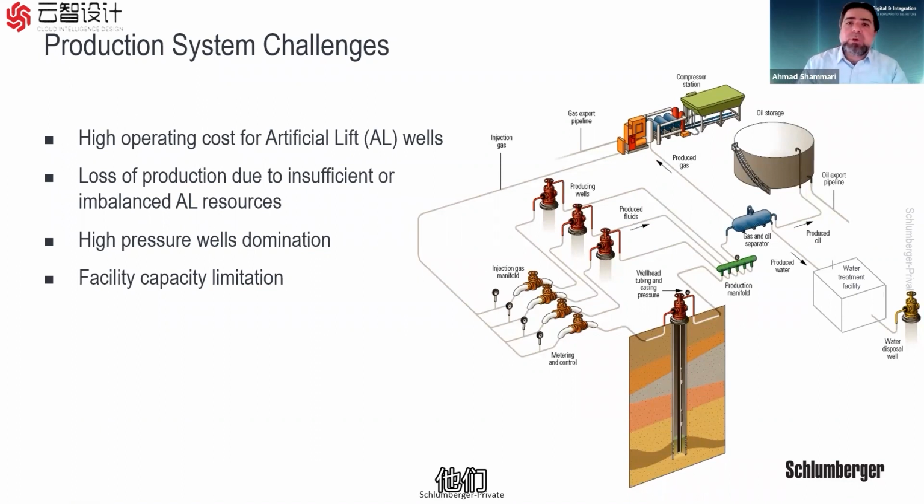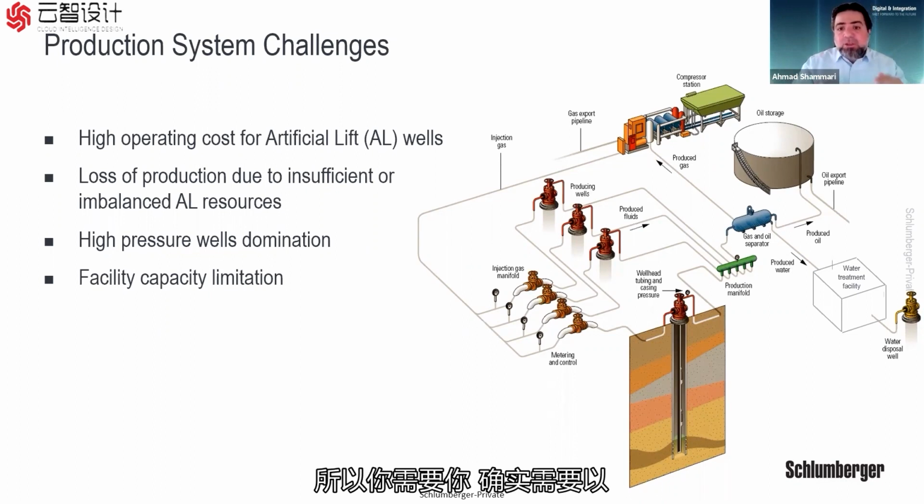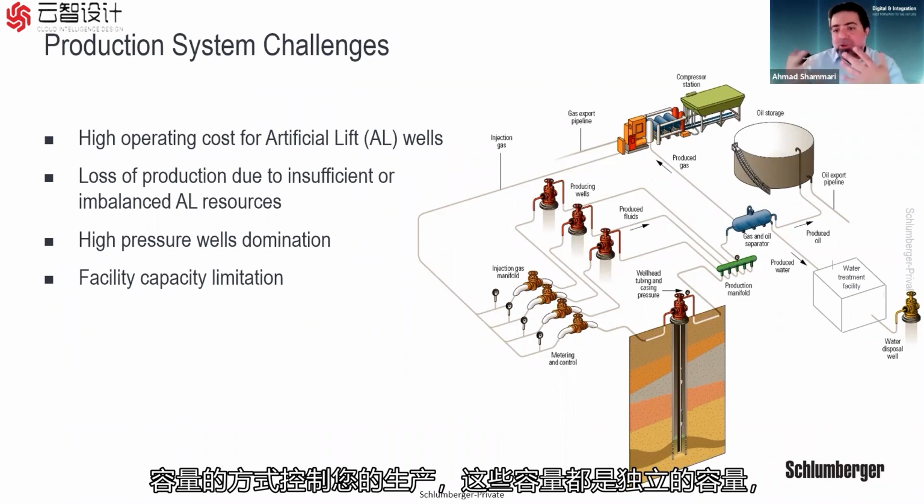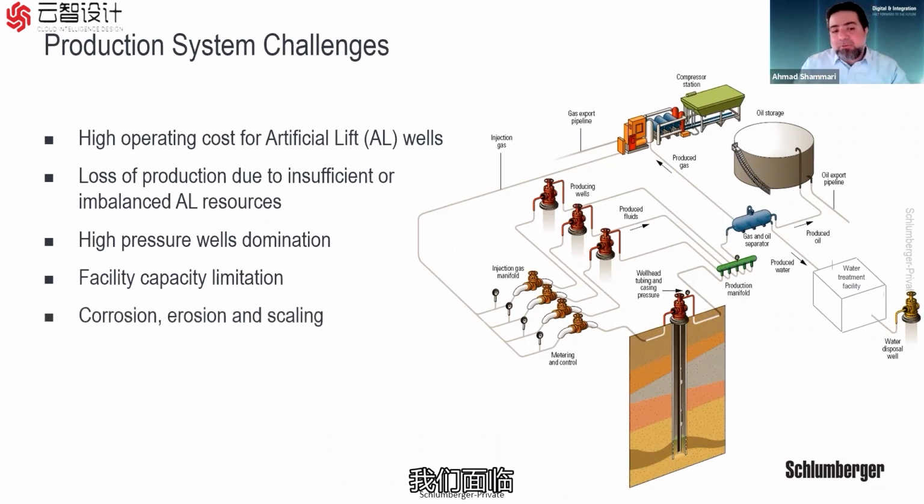In certain fields where they have only a gas cap, if the production becomes high, they have to flare the gas, burn it, which is of course a big loss. So you need to control your production so that you don't exceed your facility's capacity, which is the separator capacity. We also have the problem of the integrity of the assets: corrosion, erosion, scaling, etc.